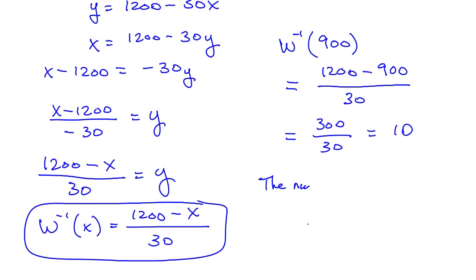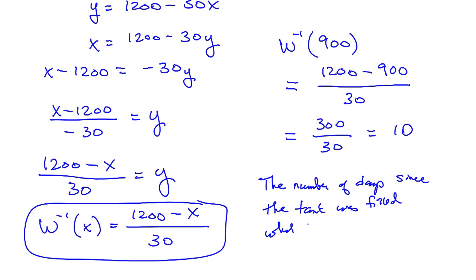So the interpretation here is the number of days since the tank was filled when it has 900 gallons is 10 days.